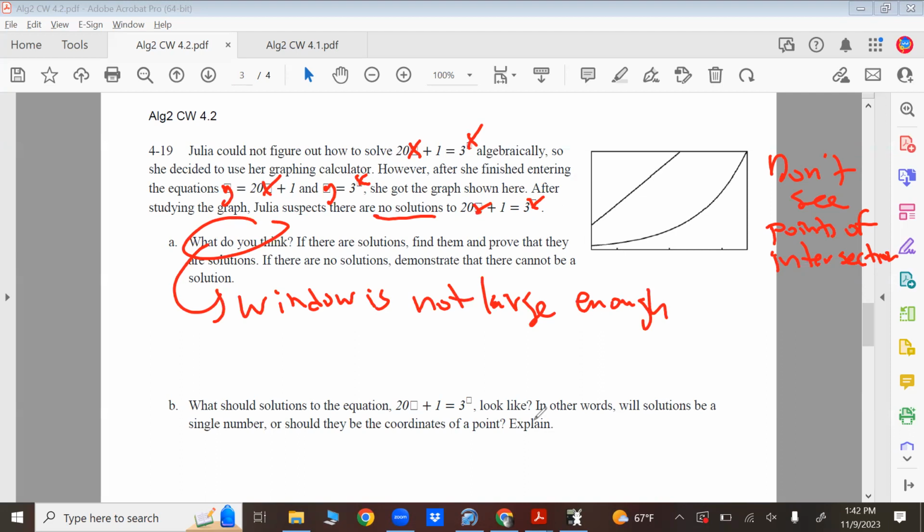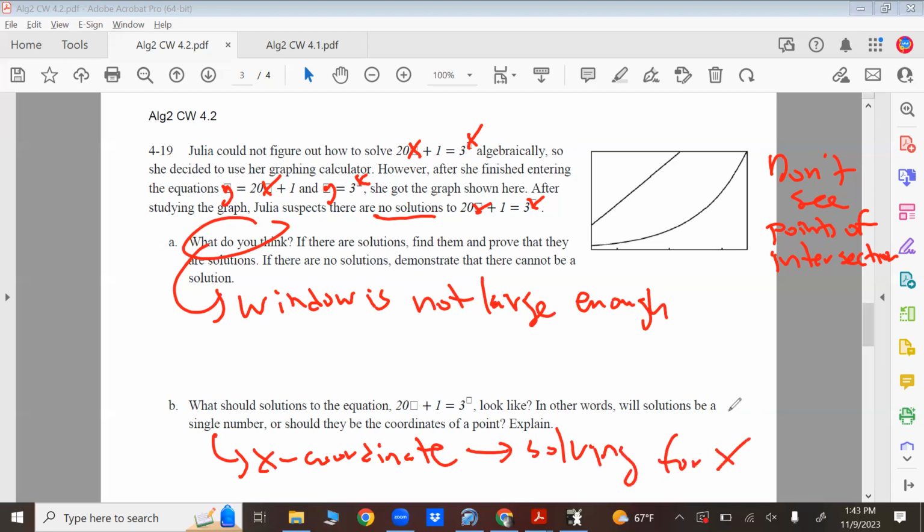And what should the solutions look like? Will the solution be a single number? Should it be coordinates of a point? Well, the solution should be the x coordinate. Always going to be the x coordinate. That'll always be the solution, because you're solving for x. It's never the y coordinate. Of course, the y coordinates will be the same, but you want the x coordinate.